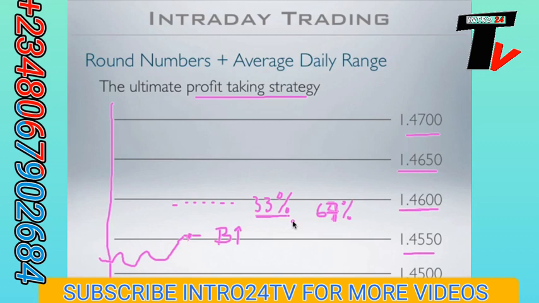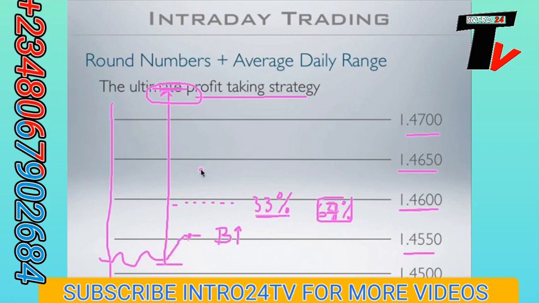Then, as I take my entry, I would calculate the ADR projection, just as usual. Let's assume that adding the average daily range to the low of the day takes me all the way here, somewhere in there. Then I would let the remaining 67% of the trade run to further profits somewhere in this area.